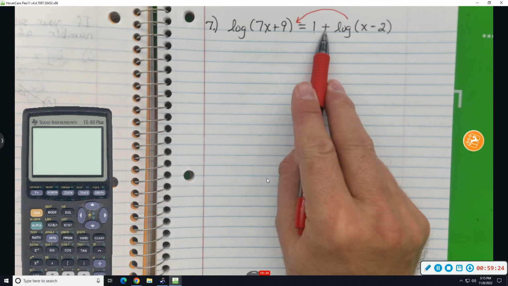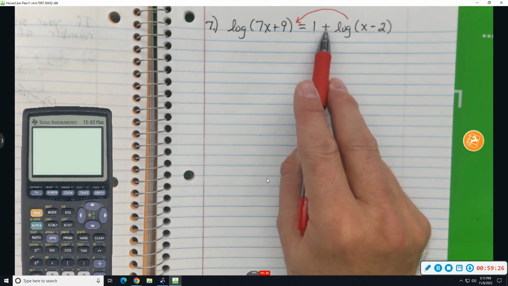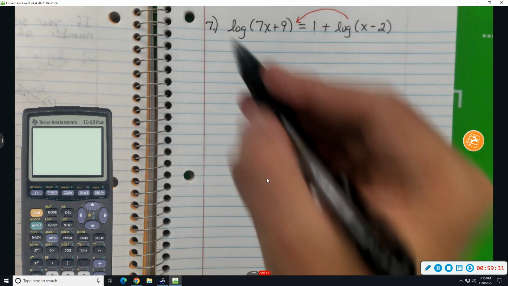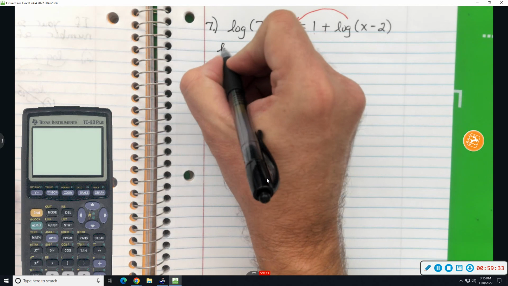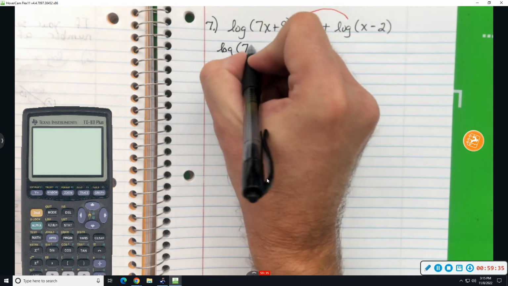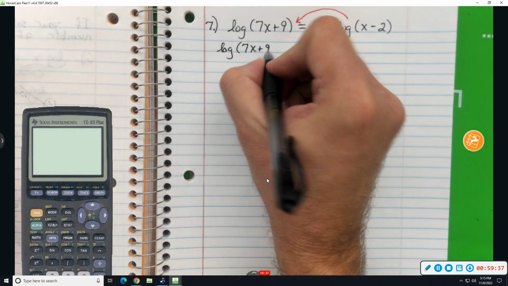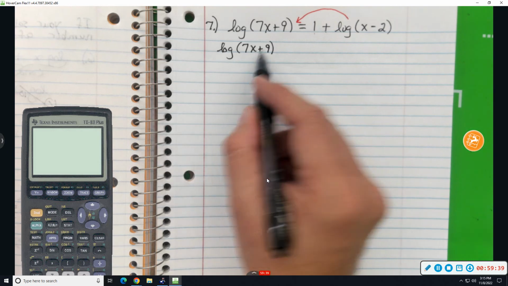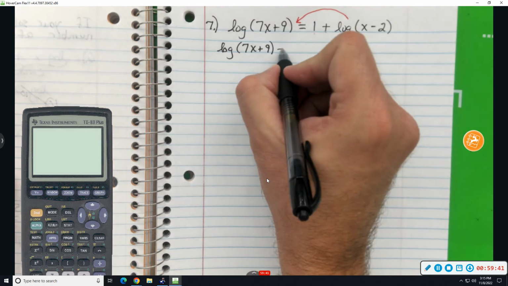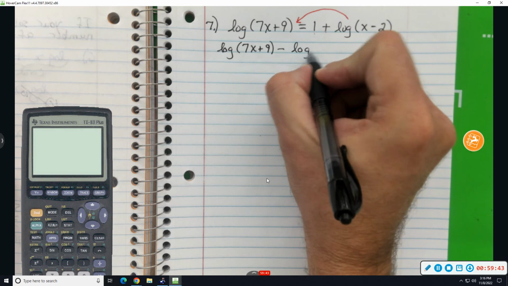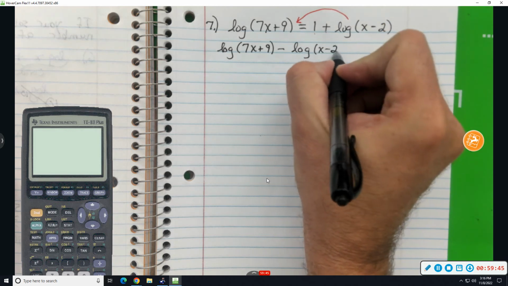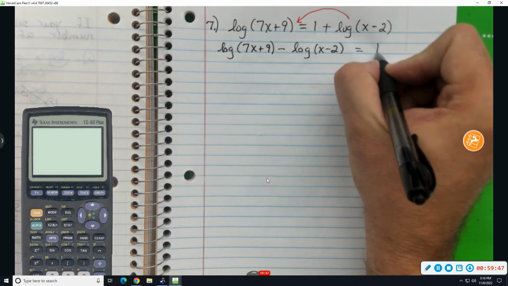It's not going to change the x minus 2 sign. It's going to change this plus right here. And you might think, oh, a fraction, so it's going to be harder. Actually, I don't think so. Log 7x plus 9 minus log x minus 2 equals 1.